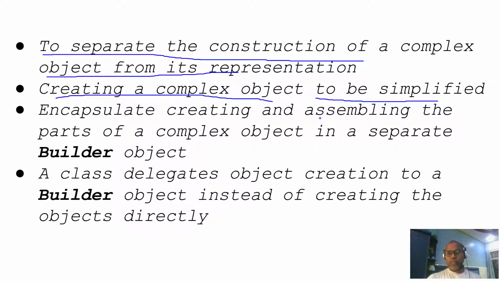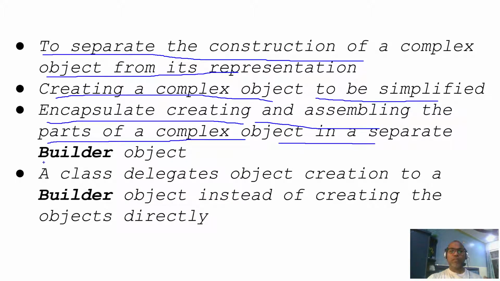Whatever the complexity of creating that complex object, it should be hidden and separate. We don't worry about creating the object. Whatever input is needed, I can pass it and you give me the object. So encapsulate the creating and assembling of the parts of a complex object in a separate builder object.